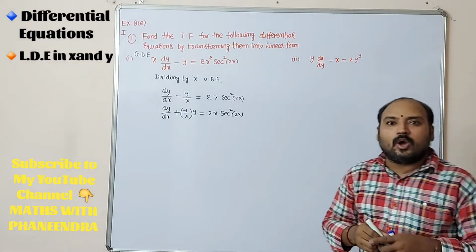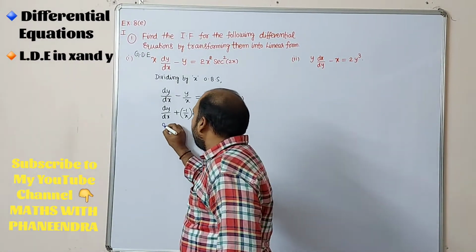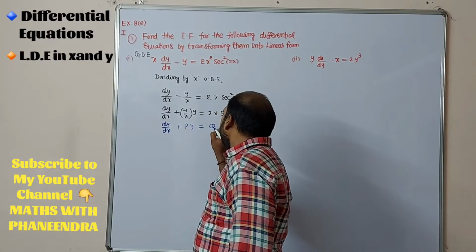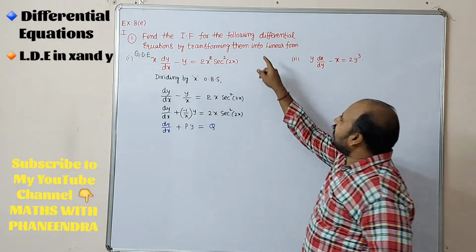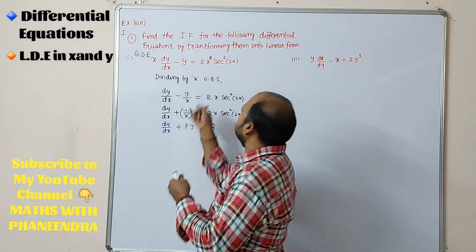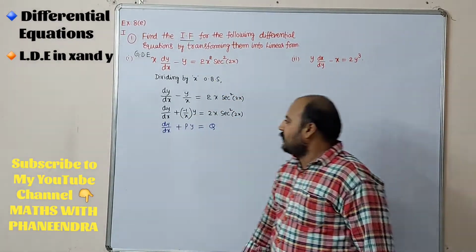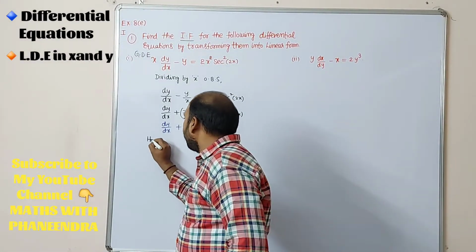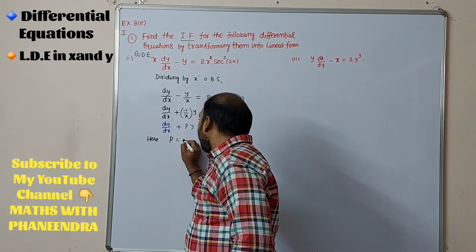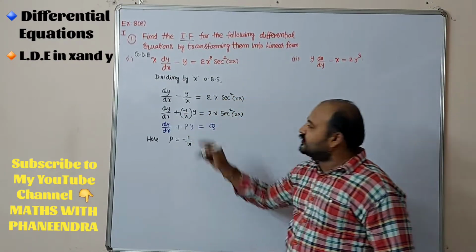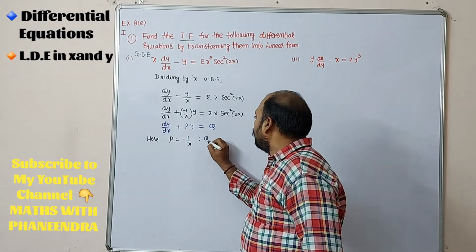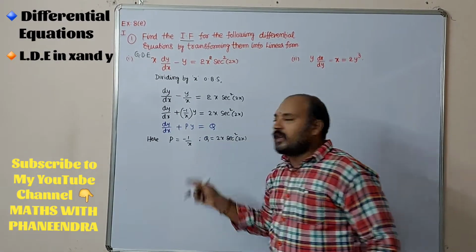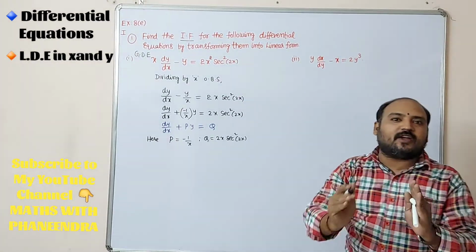This equation you have to compare with dy by dx plus Py is equal to Q. They are asking to calculate only the integrating factor. What is P, what is Q? First you identify. Here P is equal to minus 1 by x, and Q is equal to 2x into secant square 2x. The Q value is not required, because they are asking only for the integrating factor.